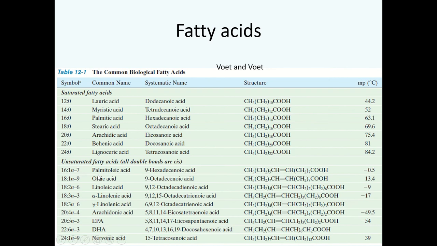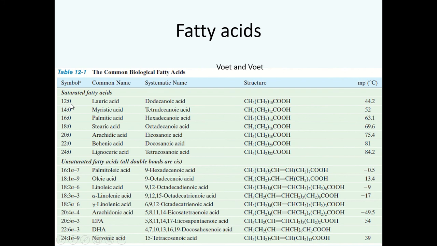This table provides information about various different types of fatty acids. This is showing the saturated fatty acids here. The first number represents the number of carbon atoms in this fatty acid.